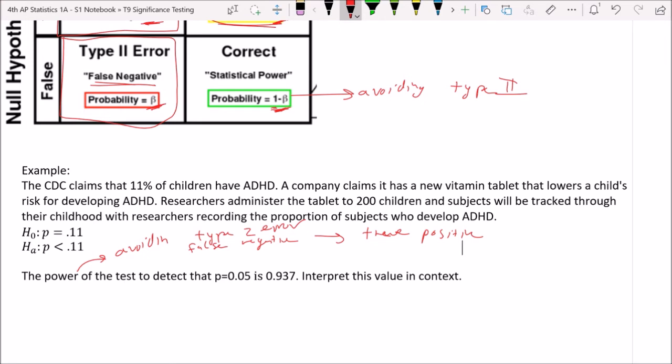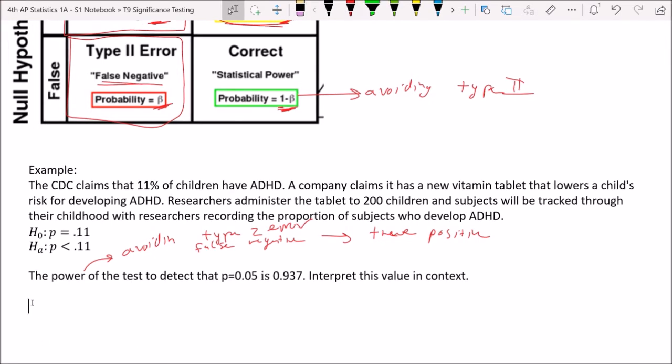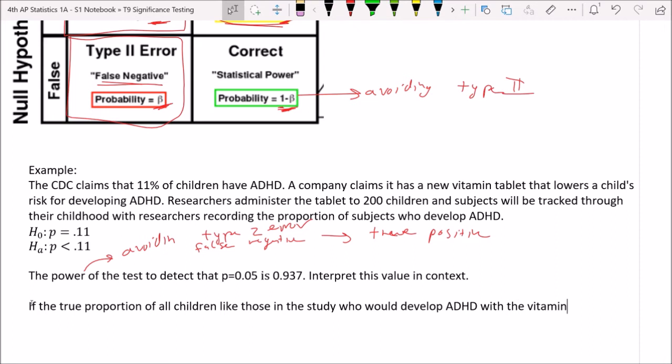So to interpret, if the true proportion of all children like those in the study who would develop ADHD with the vitamin supplement is 0.05.